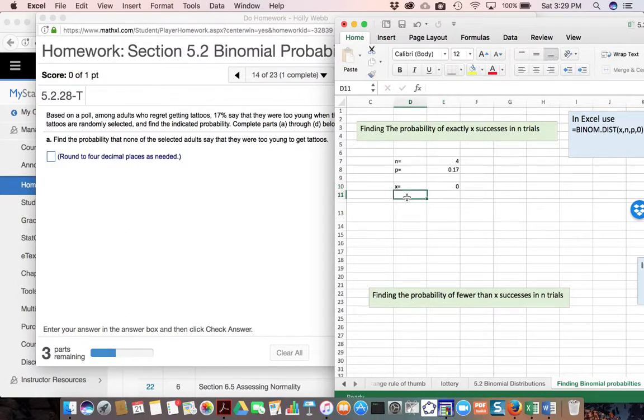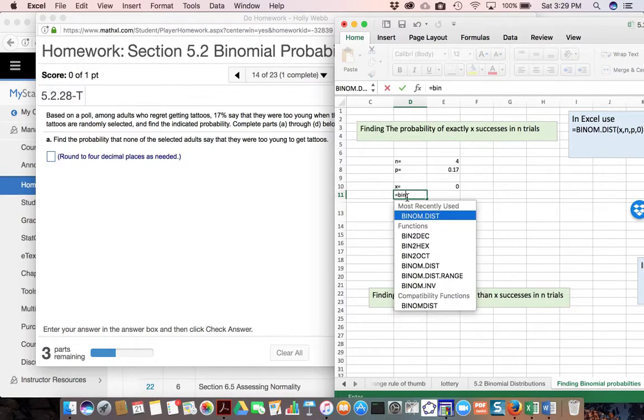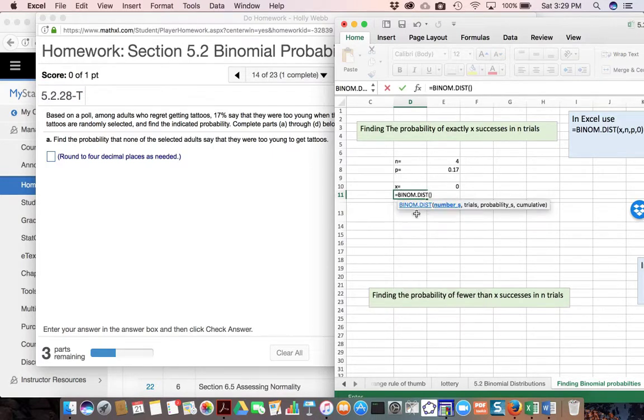Okay, so I'm going to go ahead and put in my binomial distribution. That's my x, so I'm going to put in my x first. Then I'm going to put in my number of trials, my n.